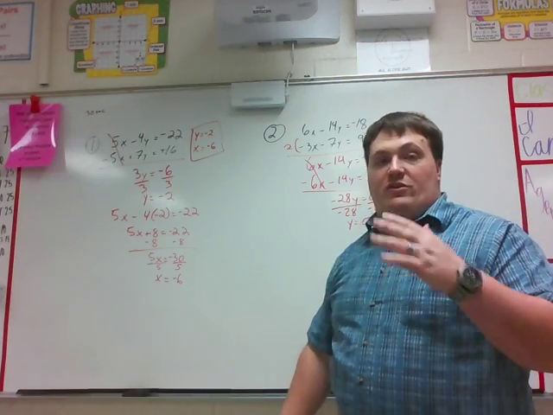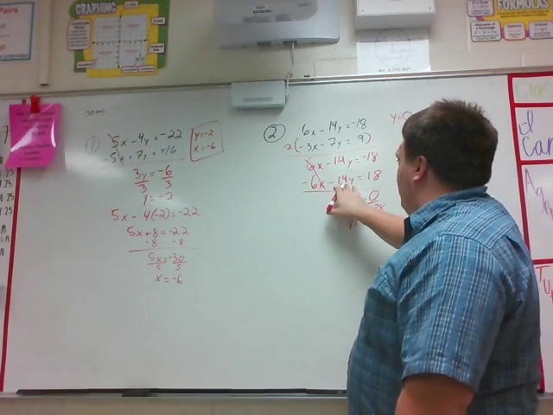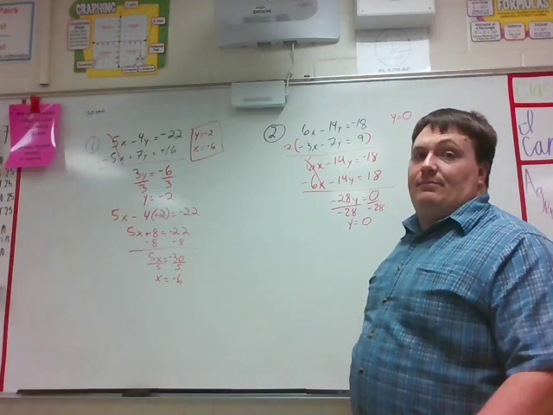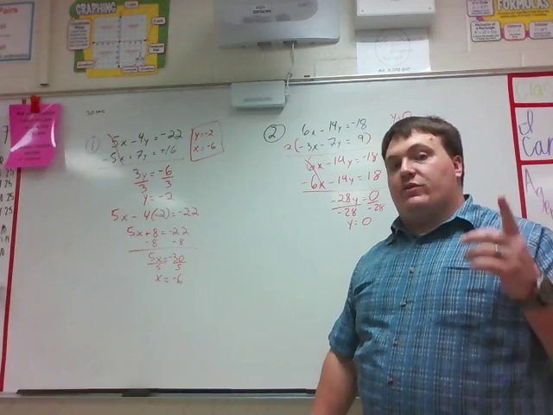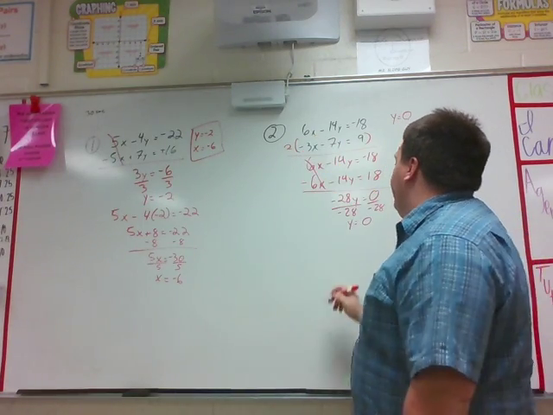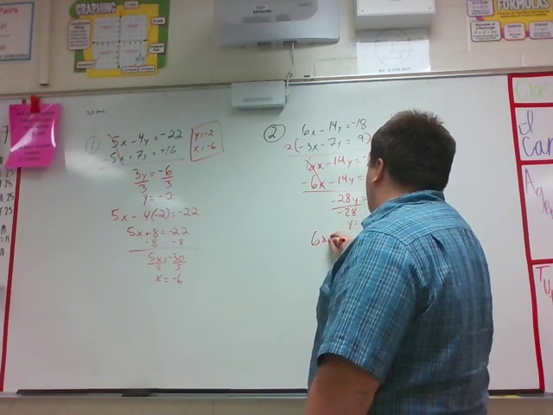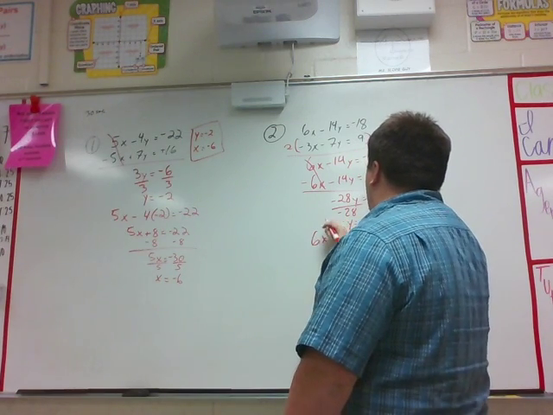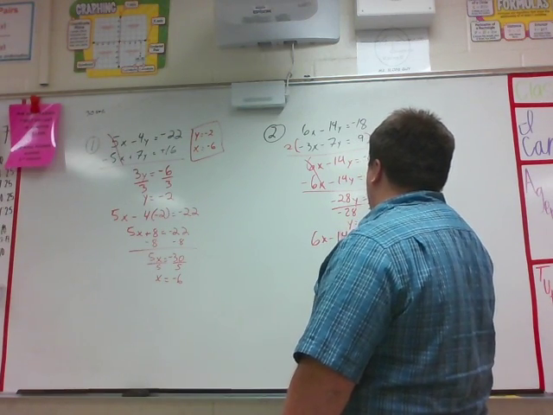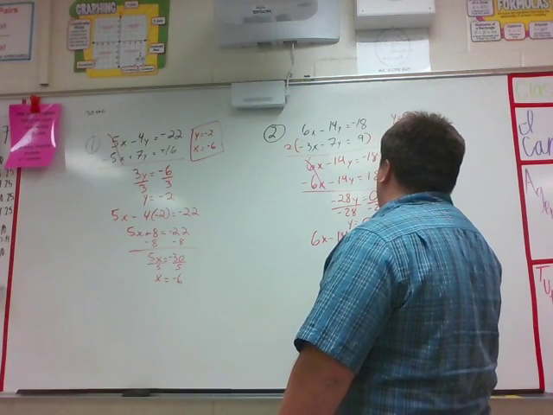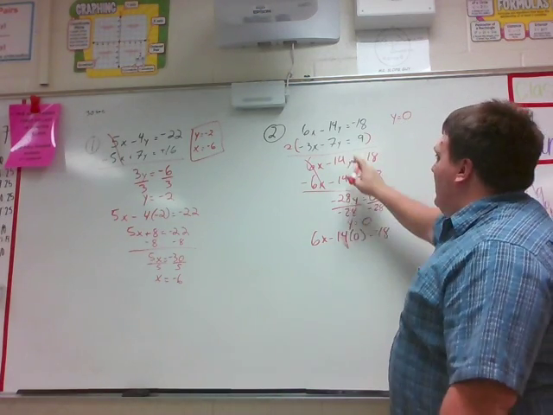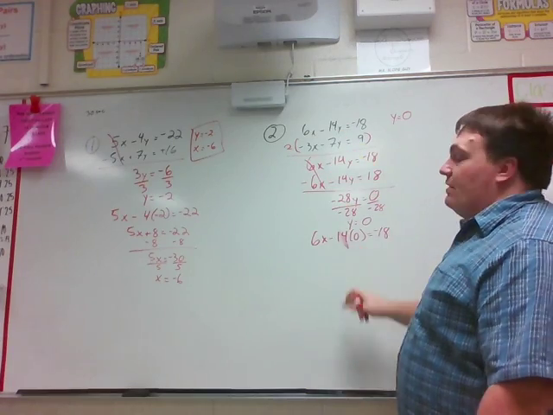Now we go back to the original equation. You do not want to use this bottom equation right here where we multiplied, just in case you made a mistake. So go back to your original equation right here. So we got 6x minus 14 times 0 equals negative 18. Remember that 0 is what y is, so we replace that y with the 0.